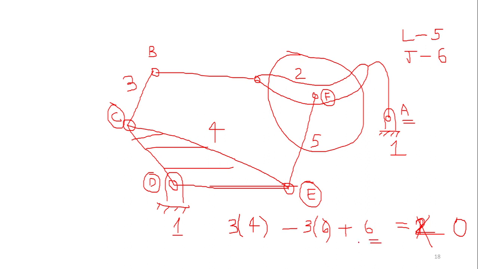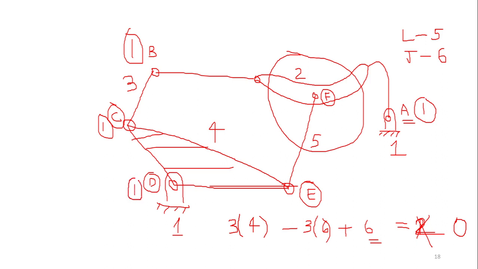Okay, based on the number of joints. Yes, at each joint. Okay, sir. So sigma fi contribution from each joint: A is 1, B is 1, C is a revolute joint, so this has a degree of freedom 1.